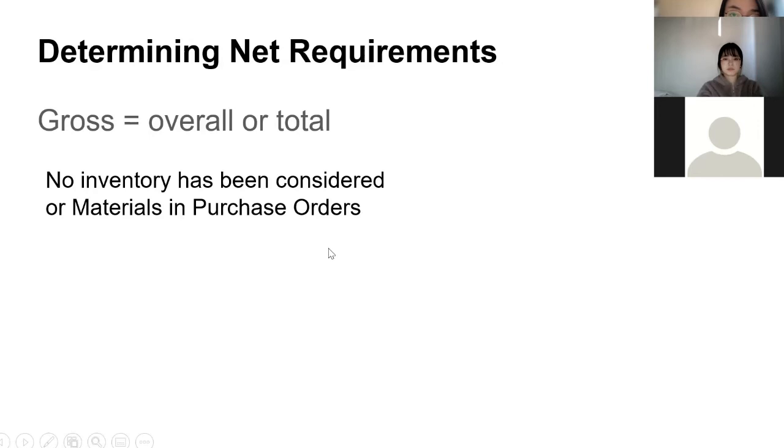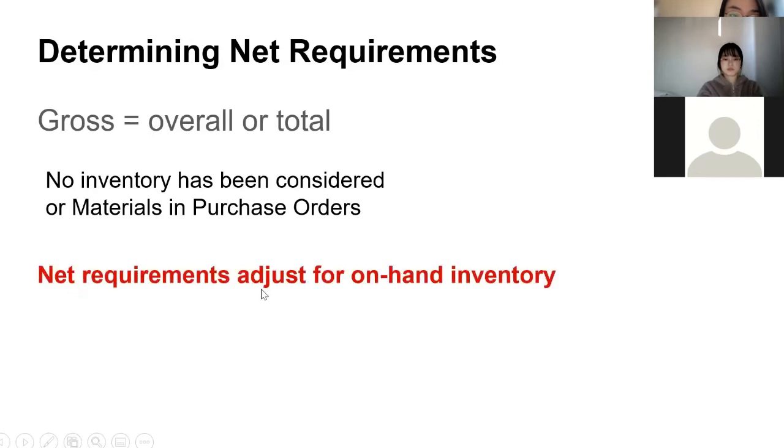Okay. So basically, net requirements adjust for on-hand inventory as well as purchase orders, something that you are waiting to be received, being delivered. So maybe you want to deduct from gross the inventory on hand.